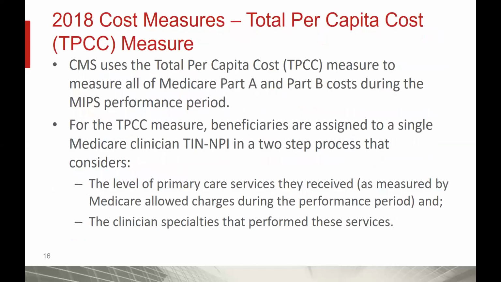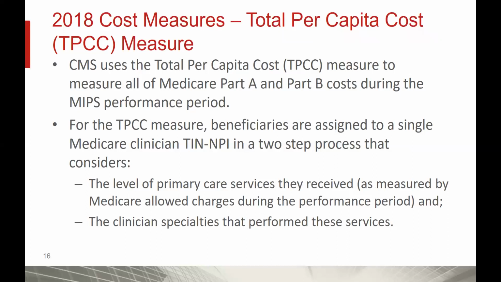So the next measure that comprises the cost measure performance category is known as the total per capita cost, or TPCC measure. So CMS will also score you on this measure, and they use the TPCC measure to measure all of the Medicare Part A and Part B costs during the MIPS performance period. So different than MSPB, this is broadly covering the entire MIPS performance period, whereas the other cost measure evaluates only during the episode window.